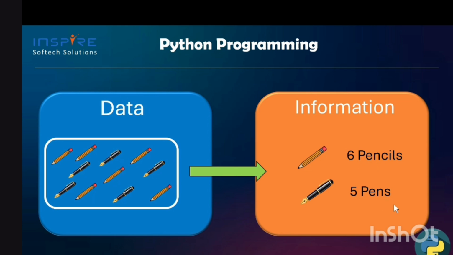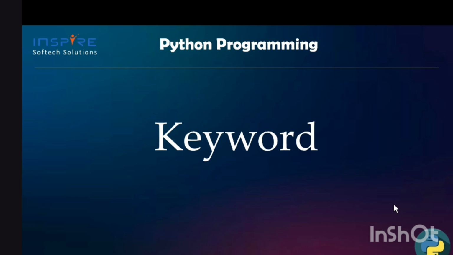How many pencils were there? It's the counted ones. But in data, we have to gather it, count it, and calculate it. That is called data, and the counted one is information. In a very simple way we can understand: which is counted is called information, which is not counted is called data. Correct? Find the difference between data and information.